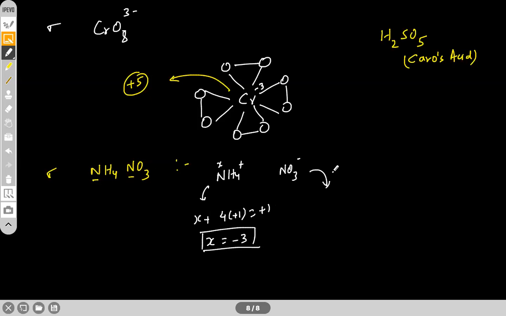Here if you find out this, X plus minus 1, and X value is plus 5. This is the answer for this. So plus 5 and minus 3 is the answer.